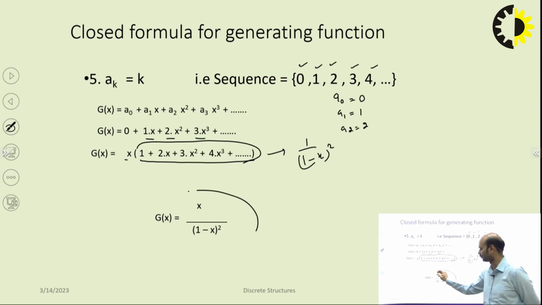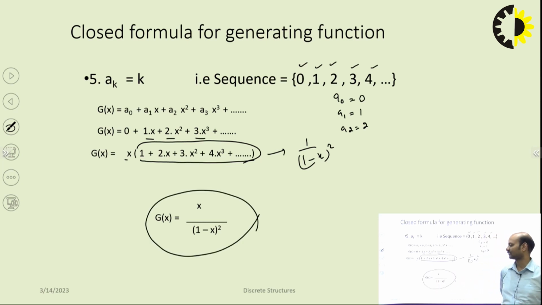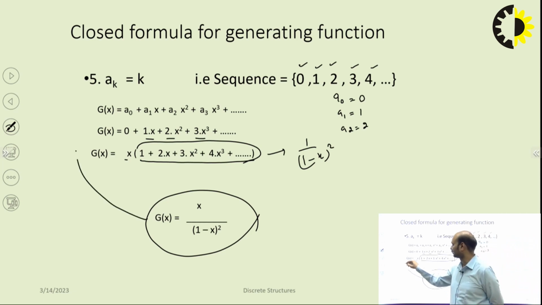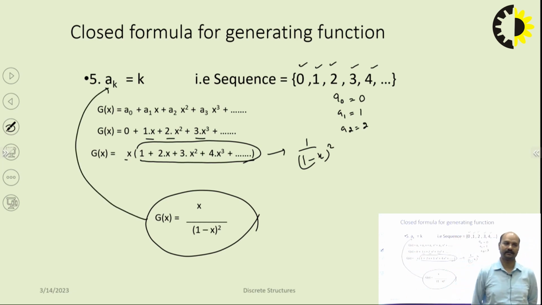So the overall closed formula is x upon (1 - x) whole square. If our sequence is a_k equal to k, then the generating function G(x) is equal to x upon (1 - x) whole square.